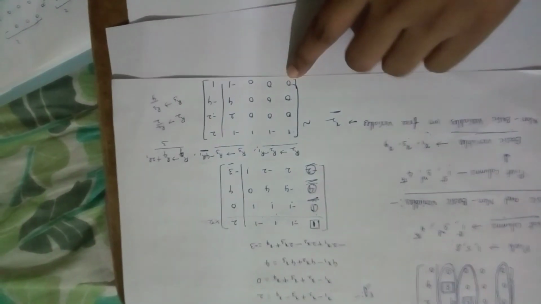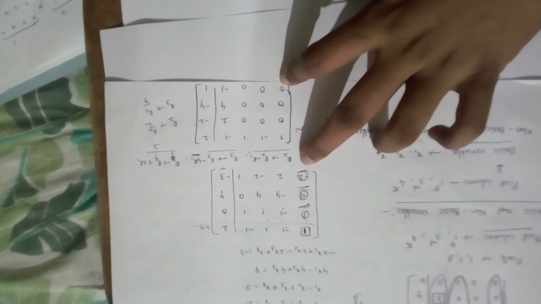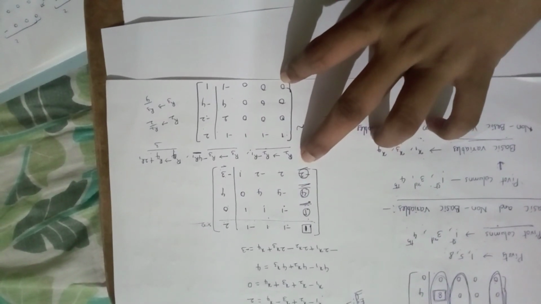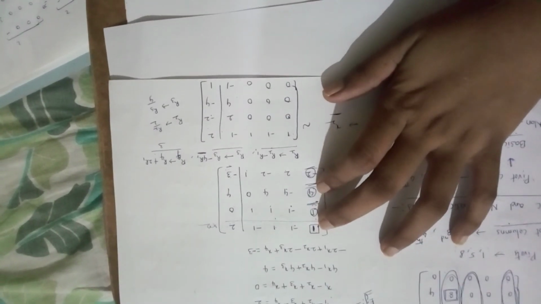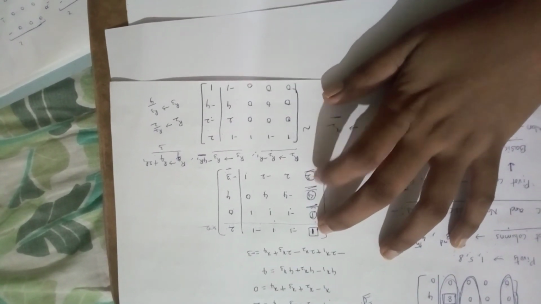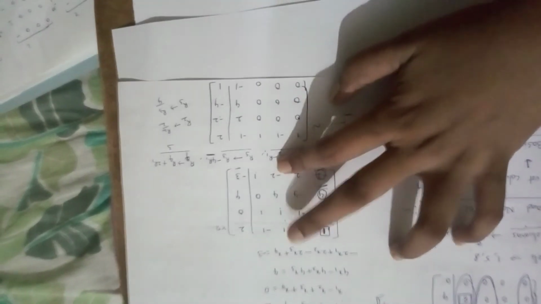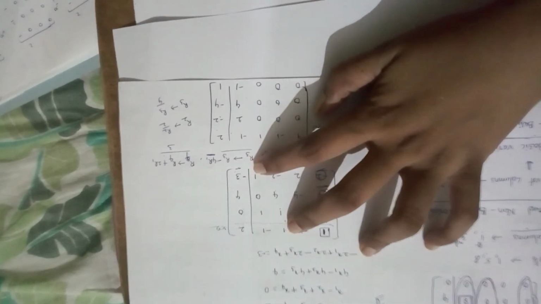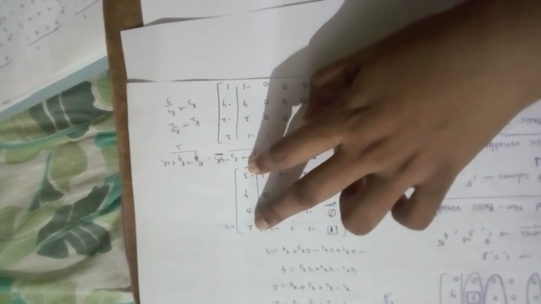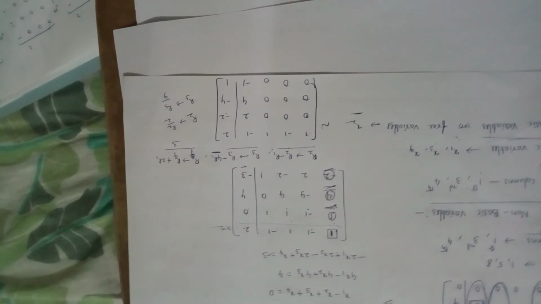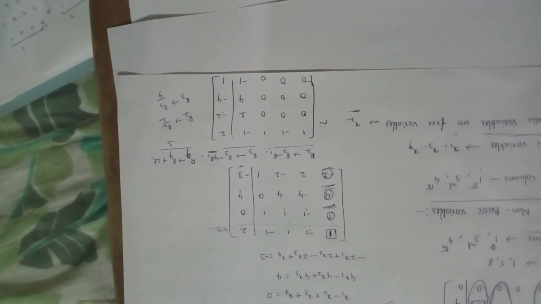Next in R4 we do R4 plus 2R1, so we multiply R1 with 2 and add it to R4, so minus 2 plus 2 is 0, 2 minus 2 is 0, minus 2 plus 2 is 0, 1 minus 2 is minus 1, and minus 3 plus 4, we get here 1. Okay, so observe here R2 is a multiple of 2, and R3 is a multiple of 4.